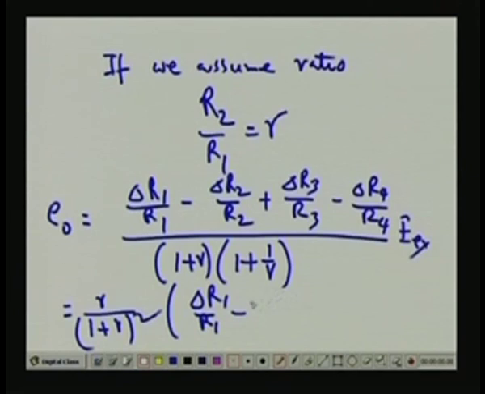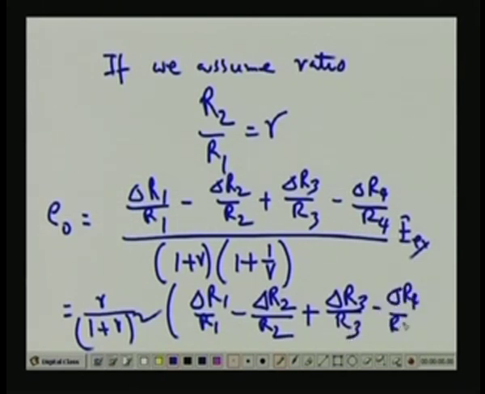So, it will be delta R2 by R2 plus delta R3 by R3 minus delta R4 by R4 into Ex.